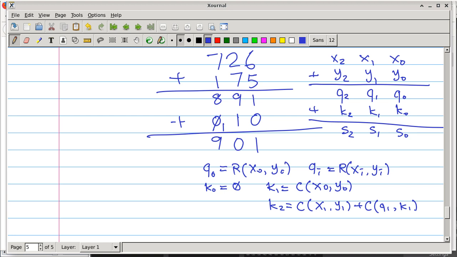Is that okay? So generally speaking, we can now say that k of i plus 1 is the carry of xi, yi, plus the carry of qi, ki. Just in general. Are we good so far?